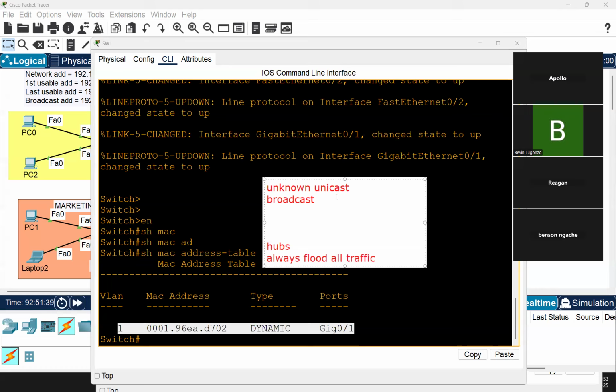And that is the issue. This is the reason why there was a need for switches. Because hubs, every time they receive any traffic, will always flood it. The switches will not always flood traffic, except for unknown unicast and broadcast.